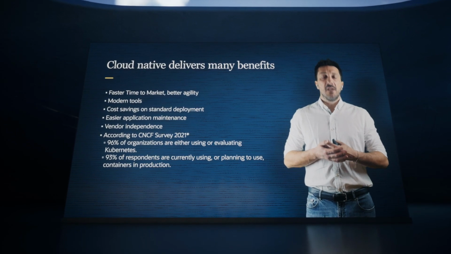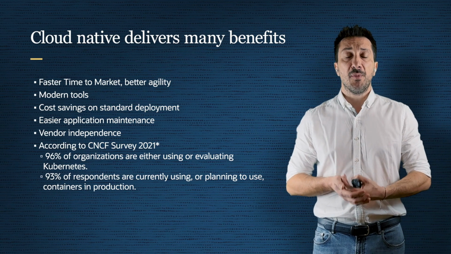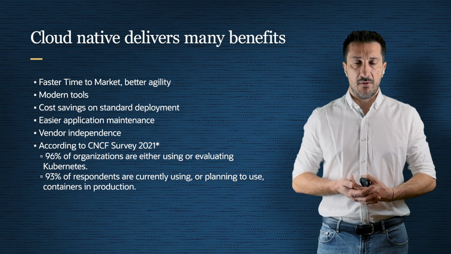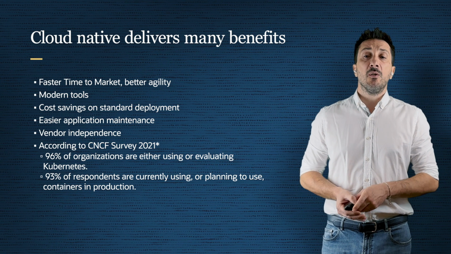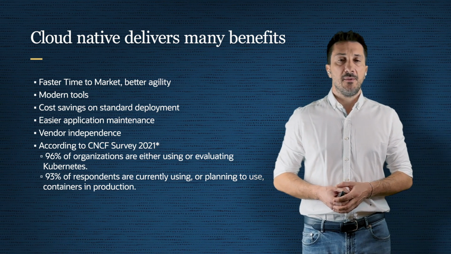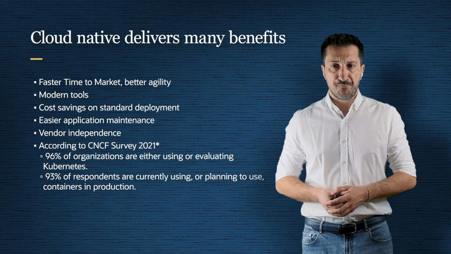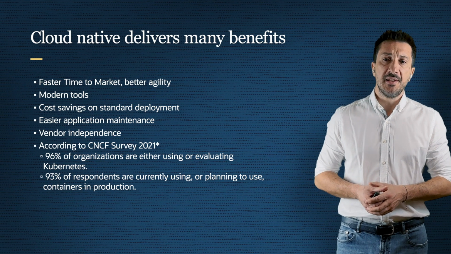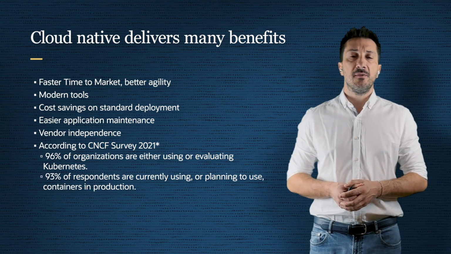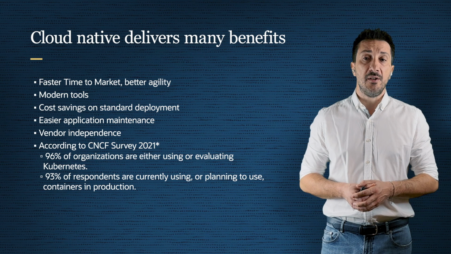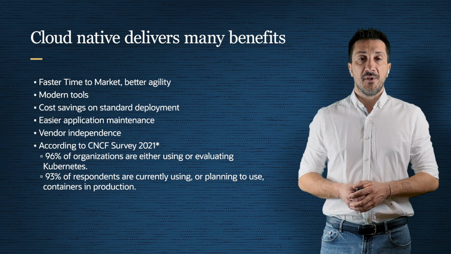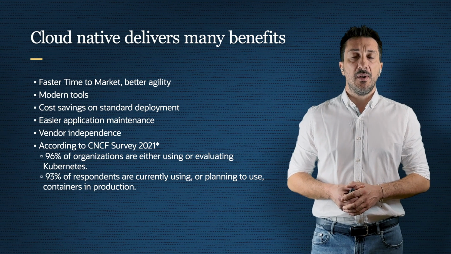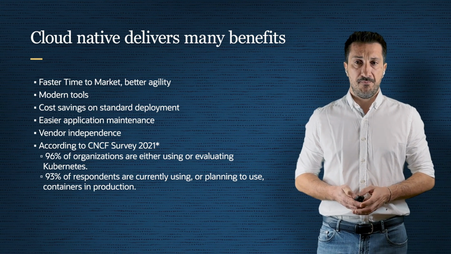It's something that can run on the public, can run on premises, can run on any kind of hardware or any kind of solution or any kind of platform. According to the CNCF survey that we have done in 2021, 96% of the organizations are today already using or evaluating Kubernetes, and 93% of them are today already running it in production.